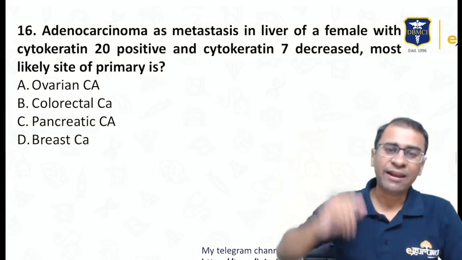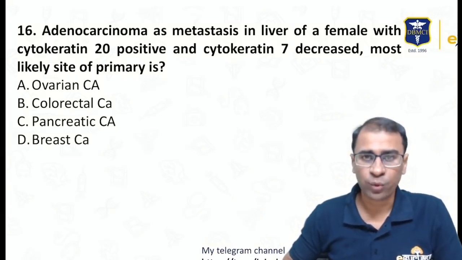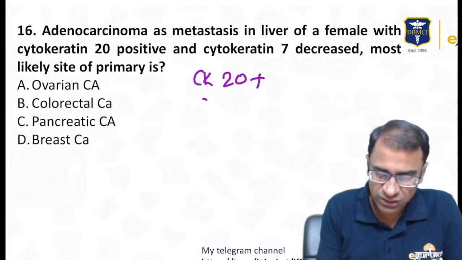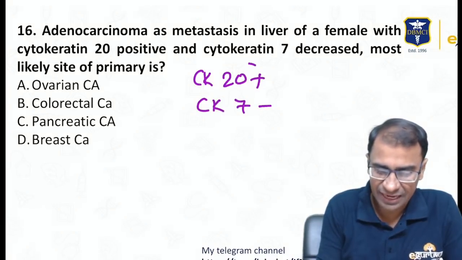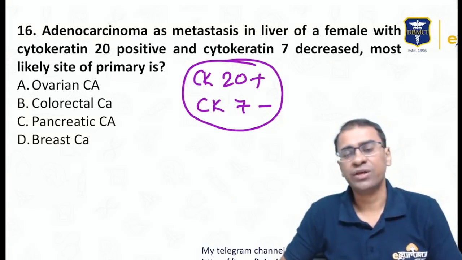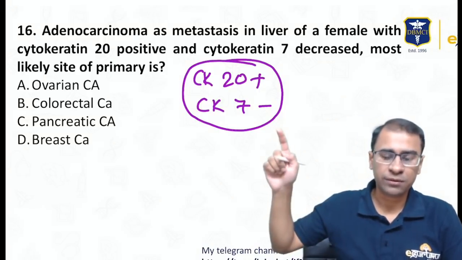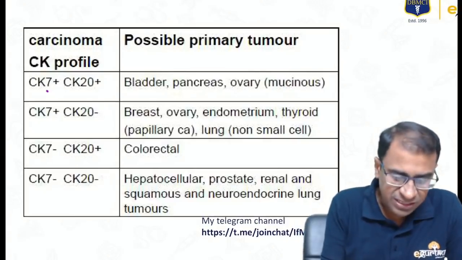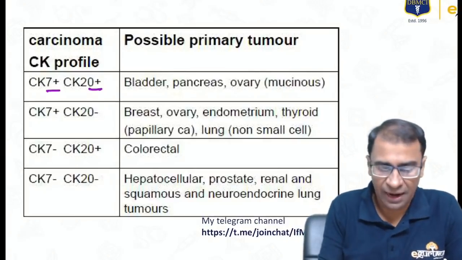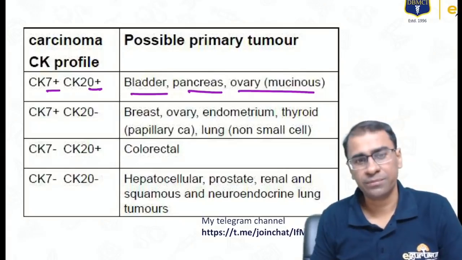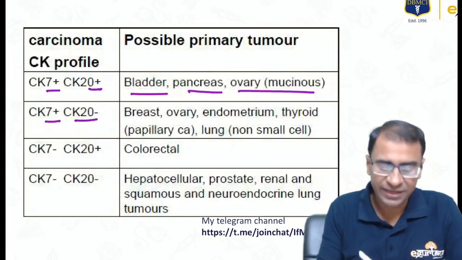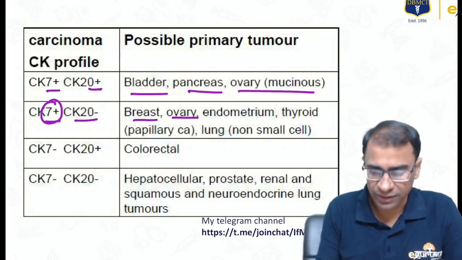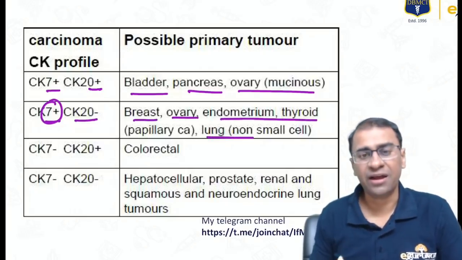Okay. Adenocarcinoma metastasis in the liver was seen, and given CK20 is positive and CK7 is negative. So what do you think is the answer? Well, this question can be solved by a simple explanation of this table. See, if patient has 7 positive, 20 positive, it could be bladder, pancreas and ovary. 7 positive, 20 negative, that means breast, ovary, endometrium, thyroid and lung.